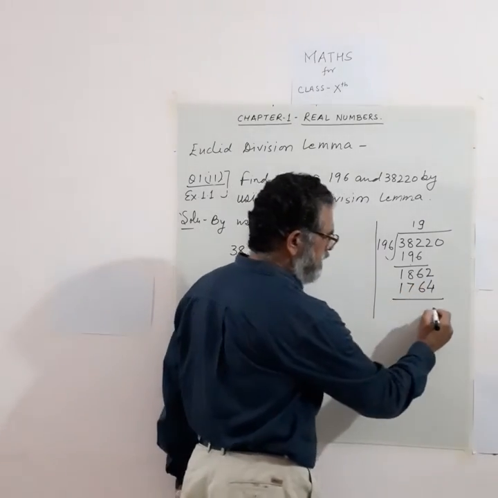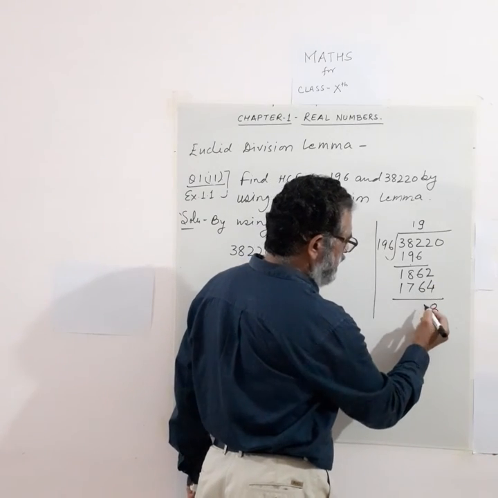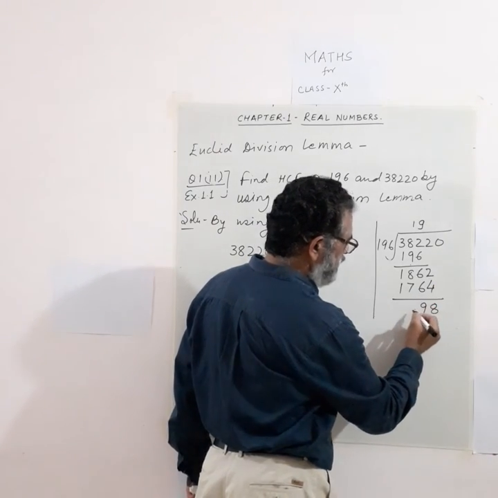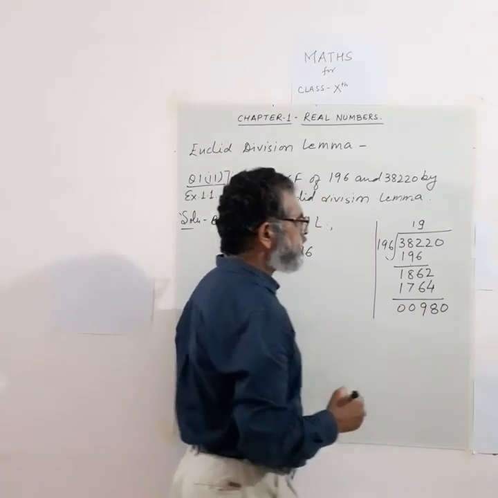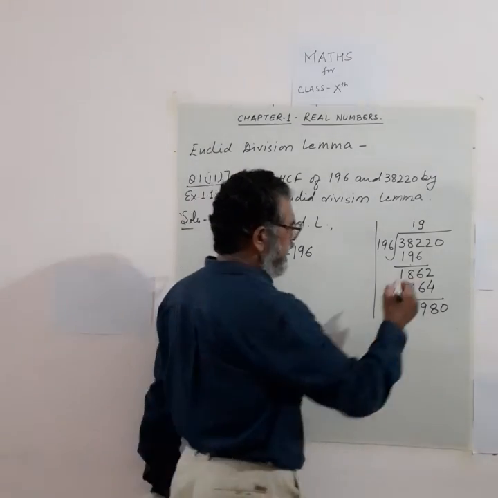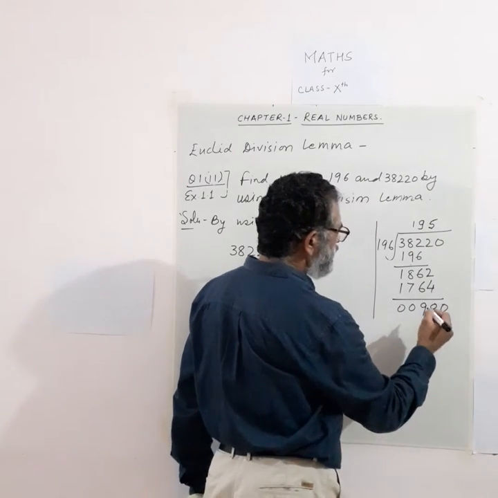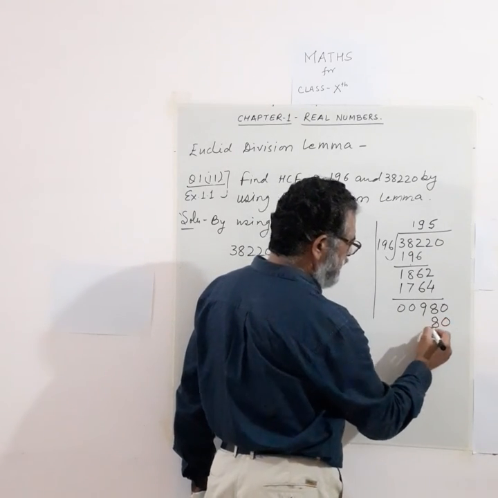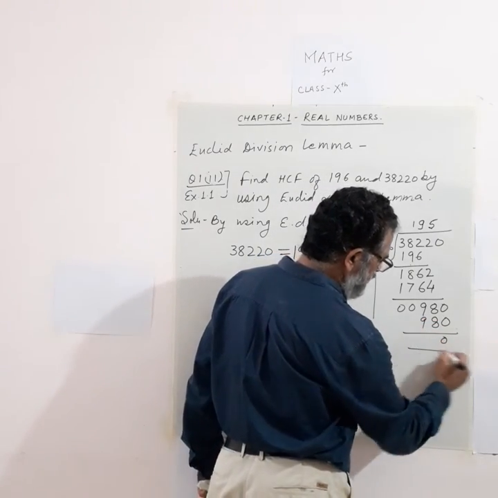Now you subtract, and we get 98. Then 5 times, 5 sixes are 30, and so on, and again we get remainder 0.